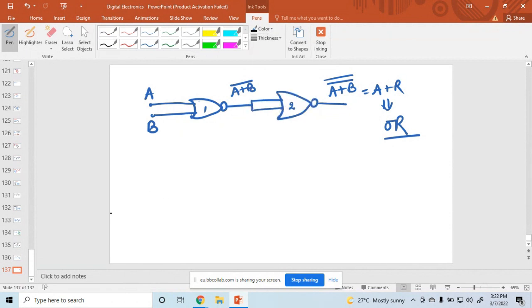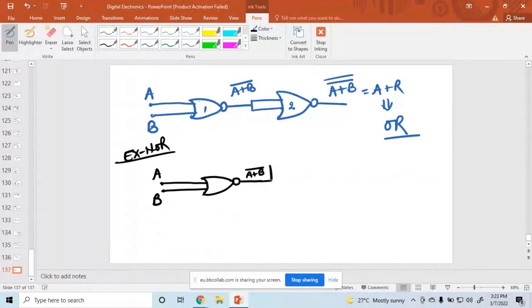Suppose I want to design the XNOR. Suppose I choose one of the logic gates, a NOR, connected here, and its inputs are A and B. What is the output here? Output is A plus B bar.